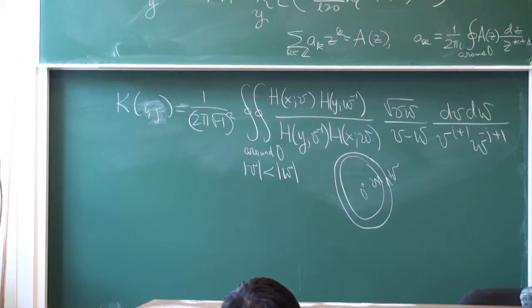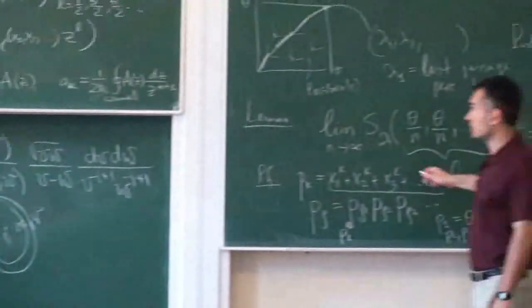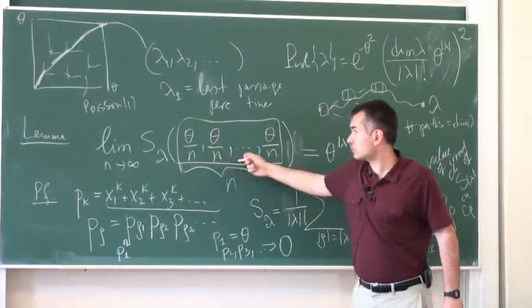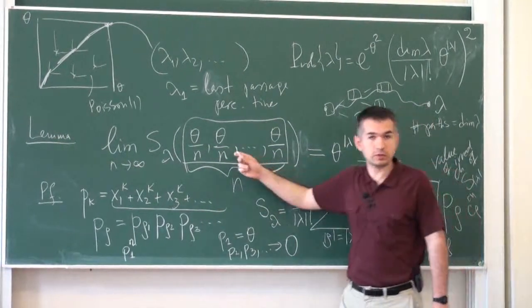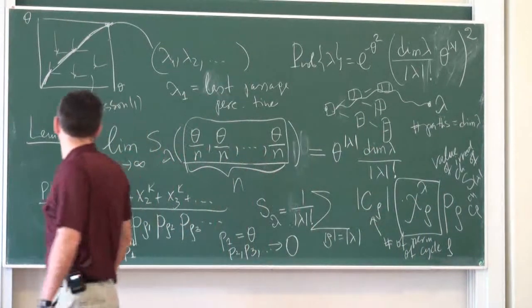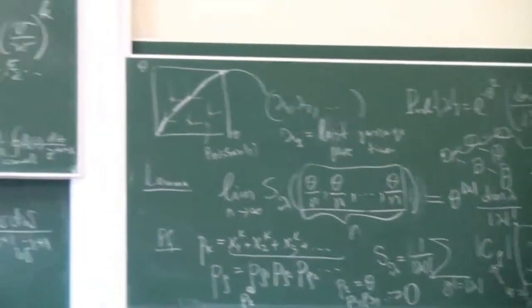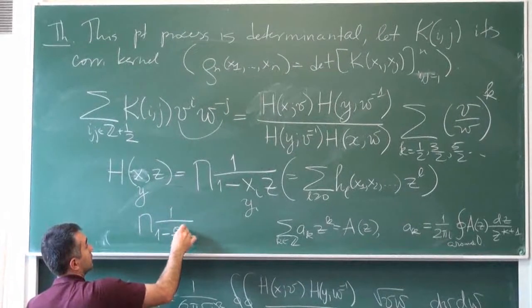Maybe before proving this theorem, while I have this on the board, let me just tell you what happens when I take this Plancherel limit. When I use x's and y's, so the sequence of x's and the sequence of y's are both of the form n numbers each equal to theta over n, then what happens to this product? So this is the product of 1 minus theta over n z.